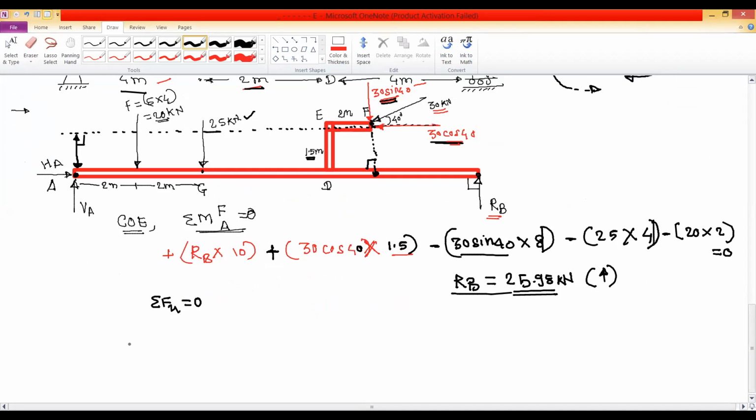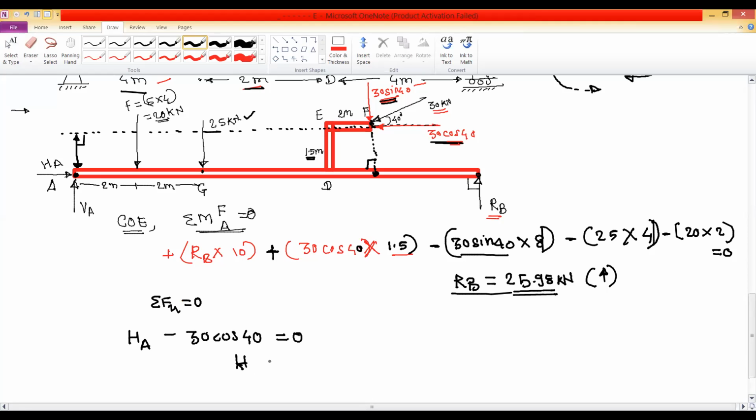For summation Fx equals 0, we have the reaction HA in the positive x direction. Then in the negative x direction, we have minus 30 cos 40. There is no other force in the x direction. So equate this to 0.